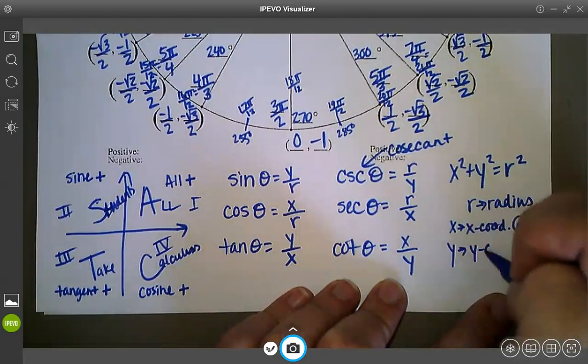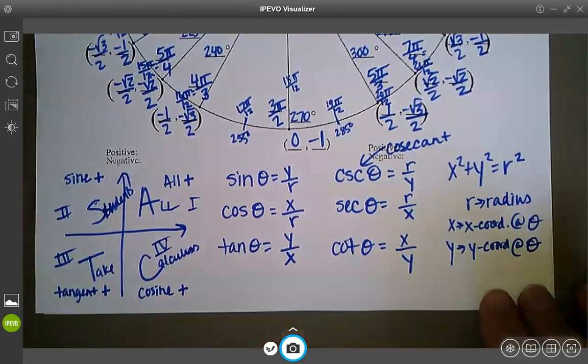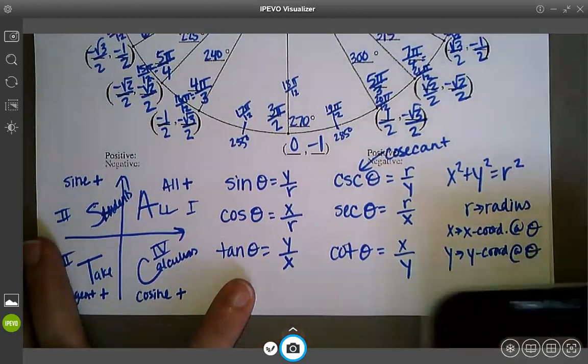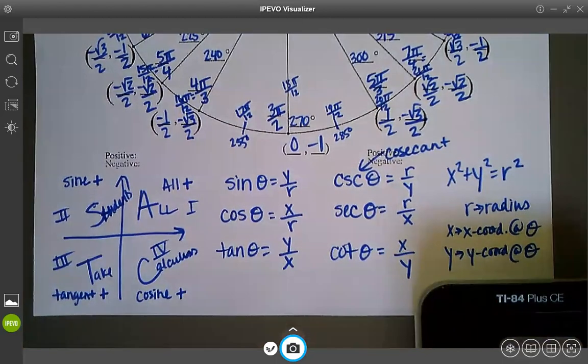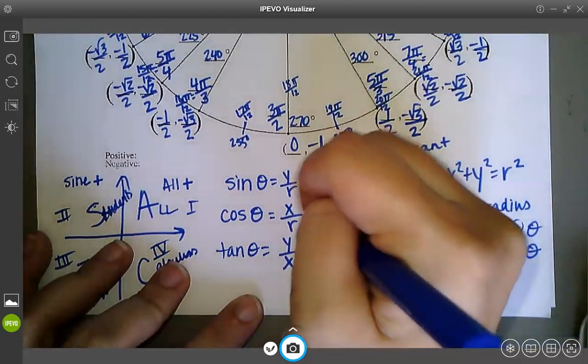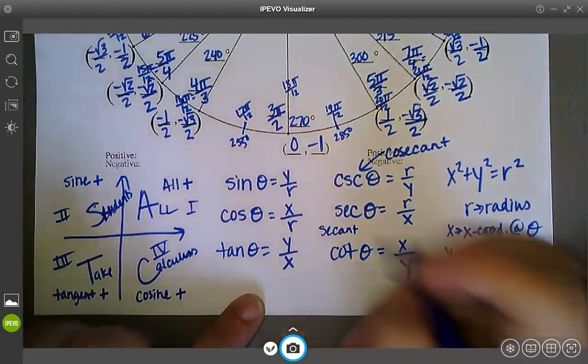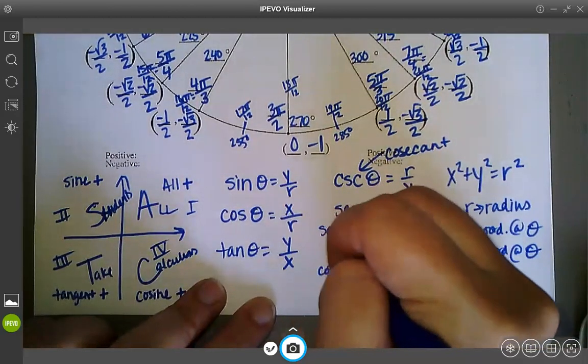Y is the y coordinate at that angle theta. CSC is cosecant, SEC is secant, and they're just the reciprocal values. COT is cotangent, and we're going to use these a bunch.